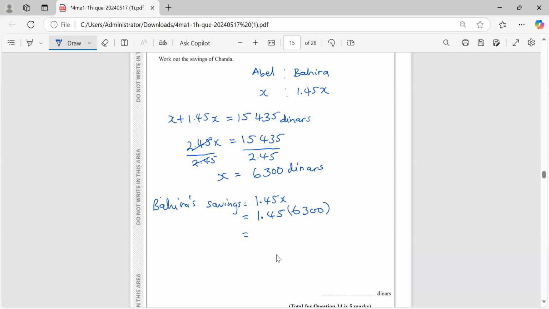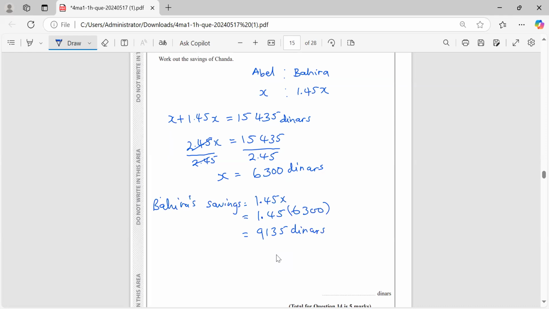So if you multiply 1.45 times 6,300, you're going to get 9,135. So you get 9,135 dinars.